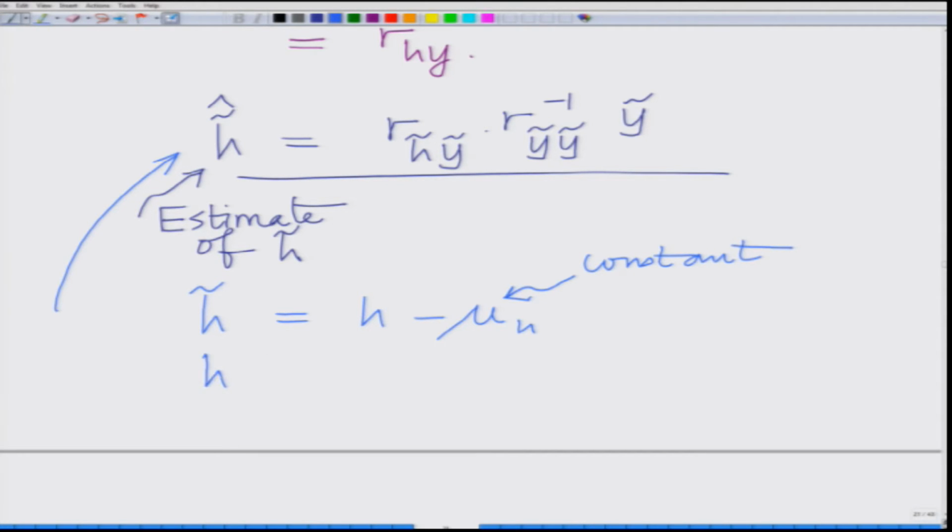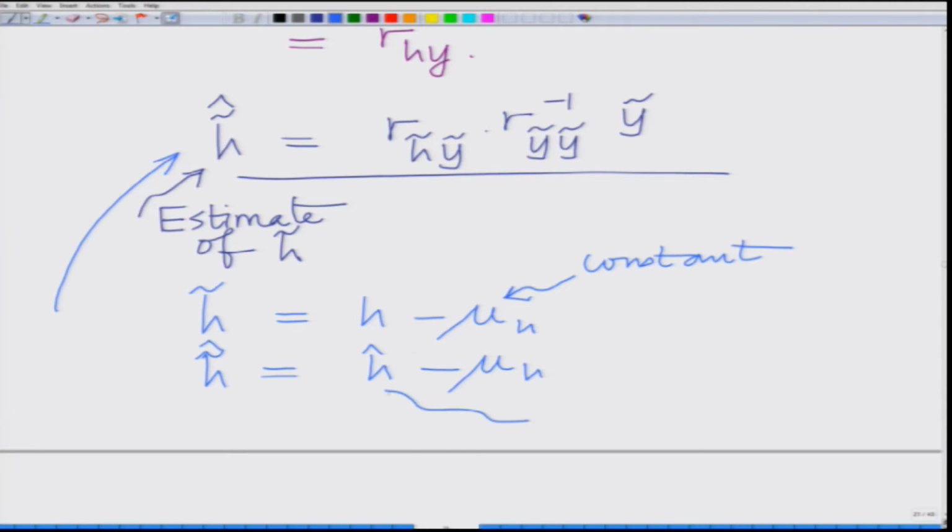Therefore, the estimate h tilde hat equals simply the estimate h hat minus mu h, because mu h is simply a constant.